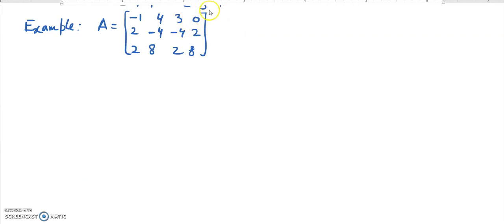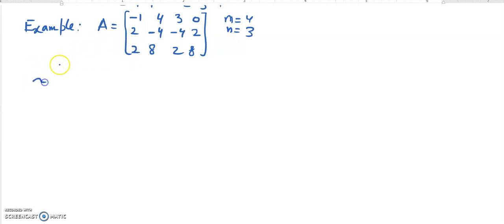So this is a 3 by 4 matrix, that means m is equal to 4, n is equal to 3. So we will verify everything which we did in the previous case.